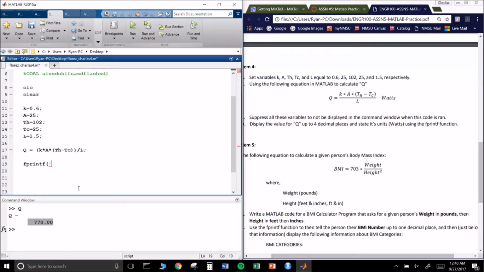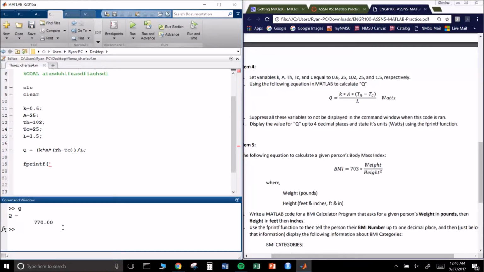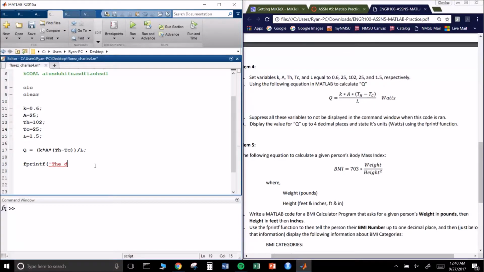So for example, if I wanted to say, I don't know if it'll work here, the duck swims on the lake, and I hit run.